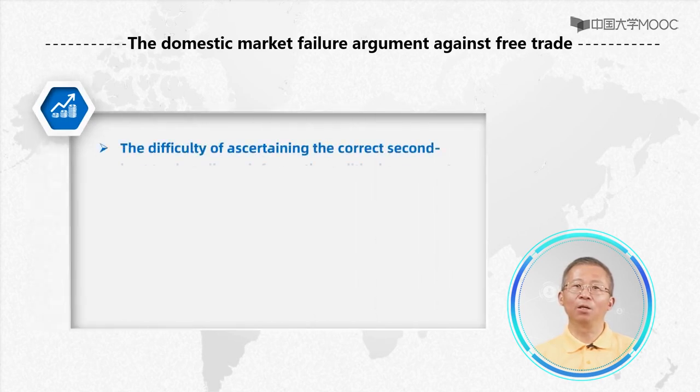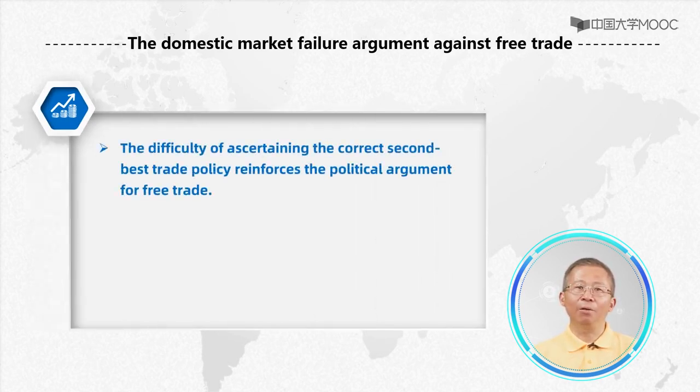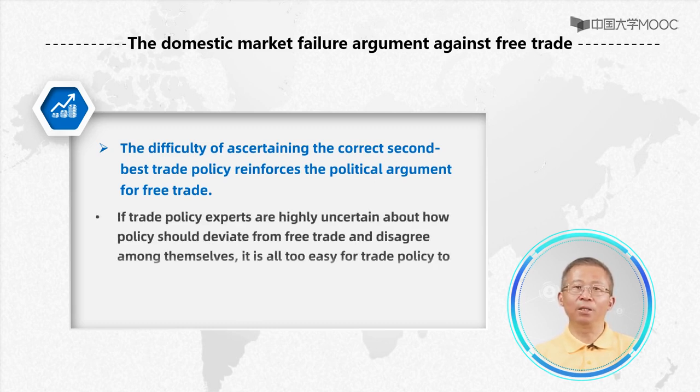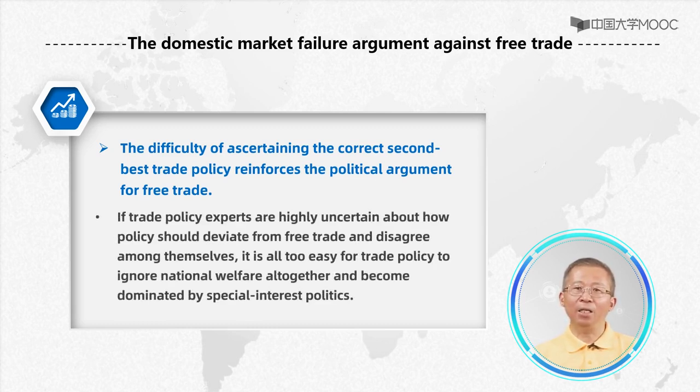The difficulty of asserting the correct second best trade policy reinforces the political argument for free trade. If trade policy experts are highly uncertain about how policy should deviate from free trade and disagree among themselves, it is all too easy for trade policy to ignore national welfare altogether and become dominated by special interest politics.